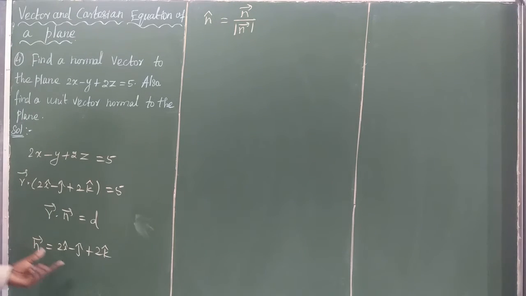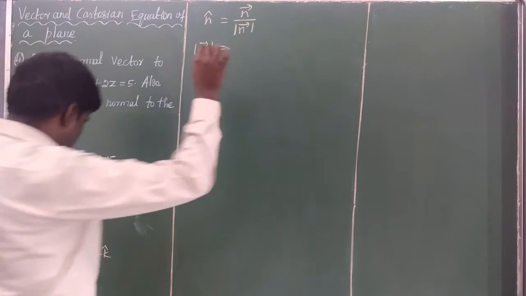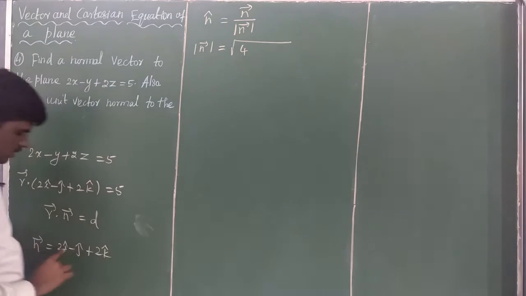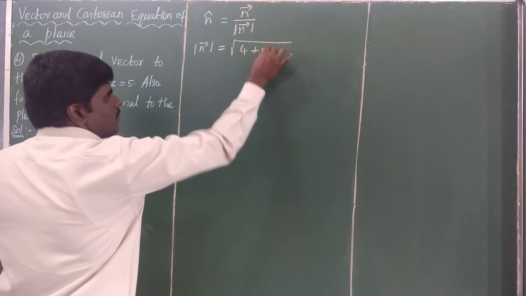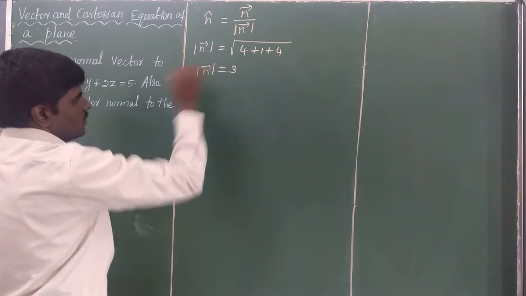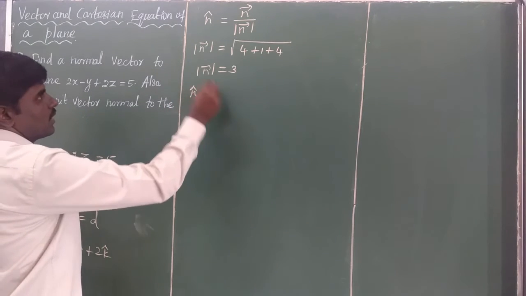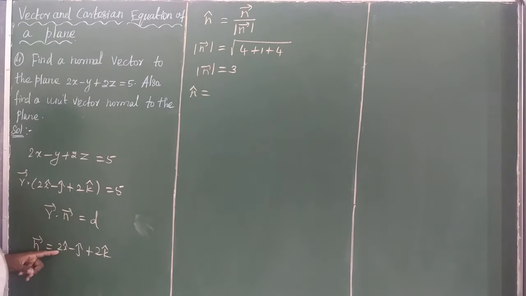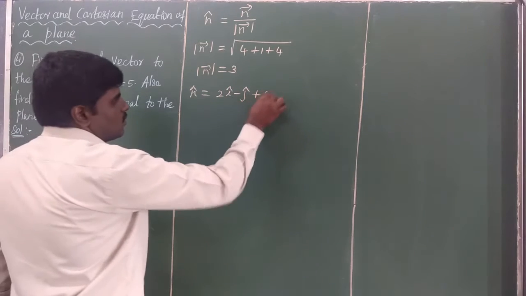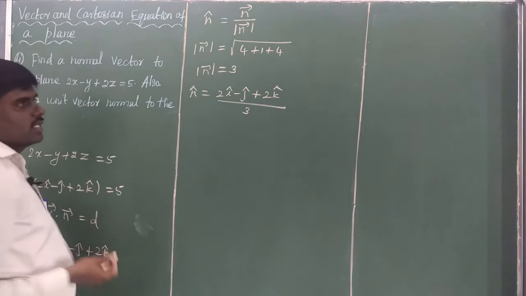The magnitude of n vector is the square root of 4 plus 1 plus 4, that is root 9, which is 3. So n cap is equal to (2i cap minus j cap plus 2k cap) divided by 3. This is the unit normal vector.